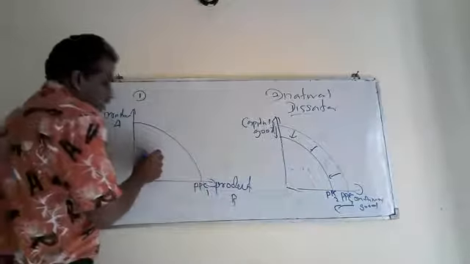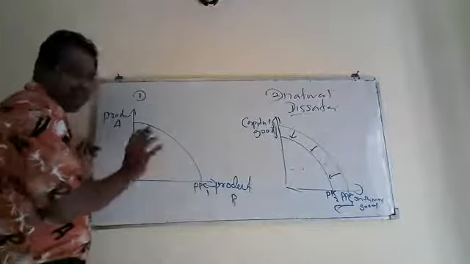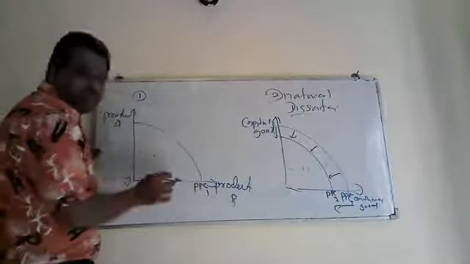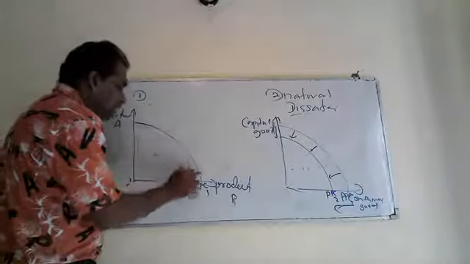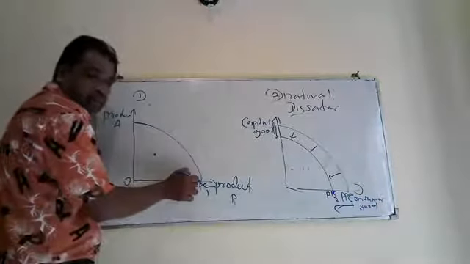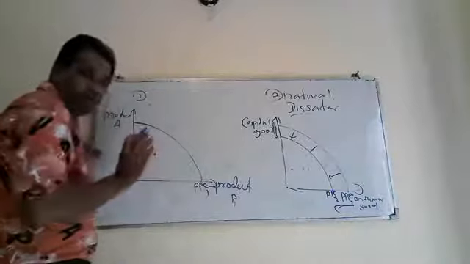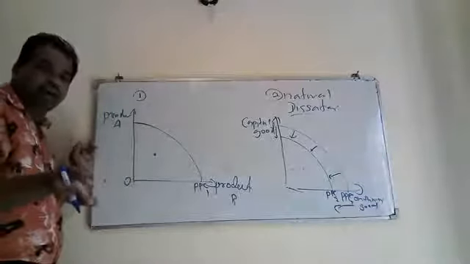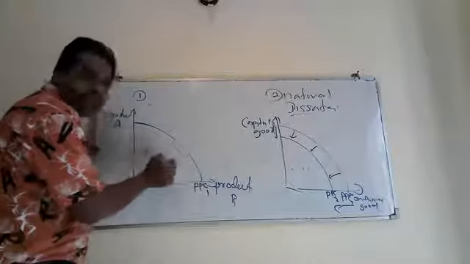Here, unutilized or unused resources means the country hasn't yet used all the resources available in the country. That means this curve indicates the maximum production capacity. Any point on this curve is full production capacity, but unused resources available in village areas are indicated by point D or any point below the curve.